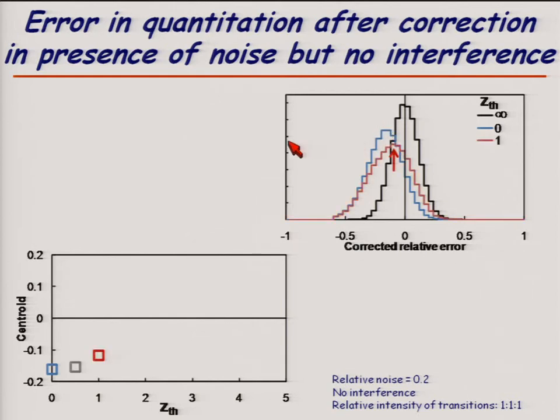So if we increase to a threshold of 1, you see that the curve shifts towards the curve when we don't use any correction. And finally, if we go to z equal to 2, we get almost the same curve as when we don't correct, except for a tail at large errors towards large negative errors.